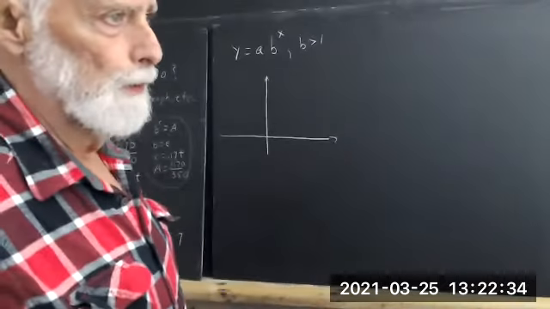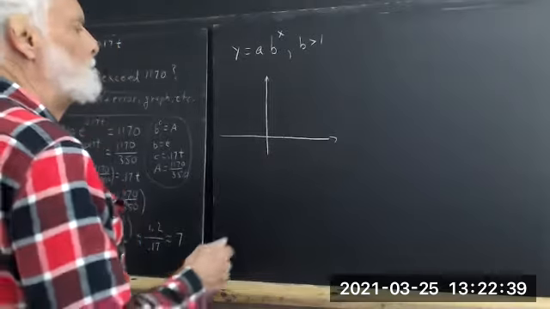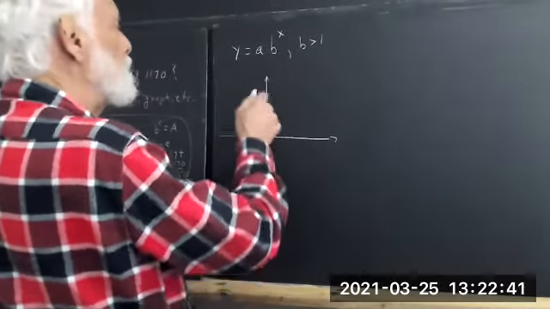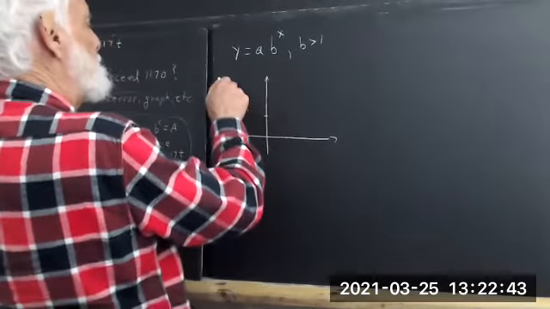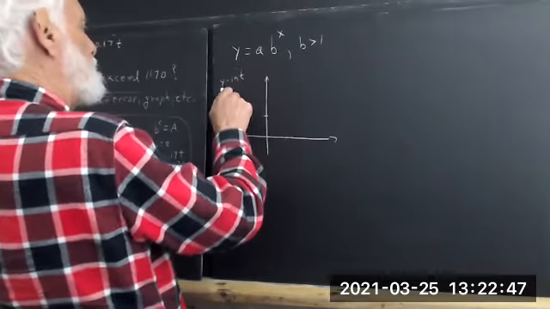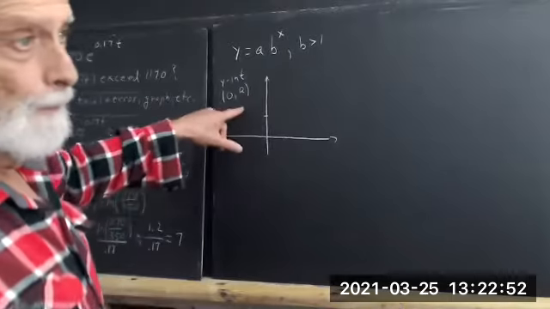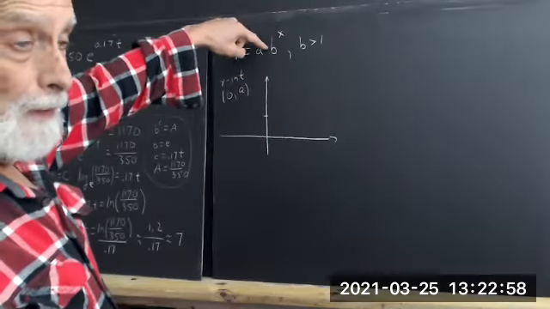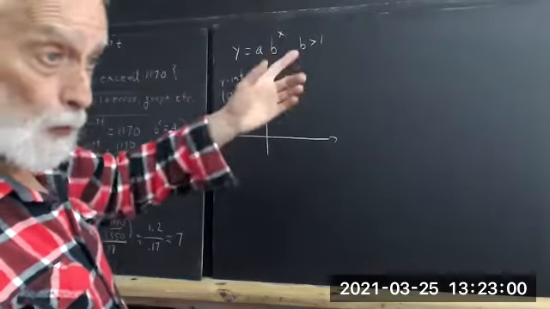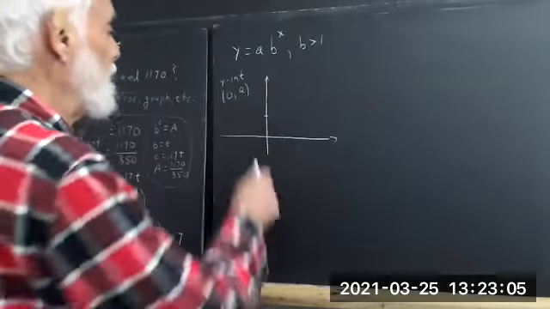We'll do b less than 1 as well. That just kind of turns things backwards. You know that the y-intercept is 0a. And that's very straightforward because the y-intercept occurs when x is 0 and any number to the 0 is 1.